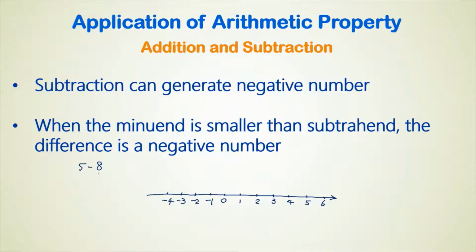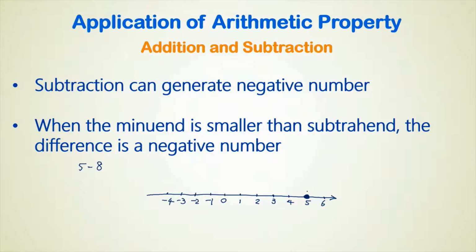So in 5 minus 8 here, we're going to start with 5. From the origin, we do 5 steps to the right. So we start right here. This is our 5. Now, minus 8 means that we are going to travel toward the left because it's minus, and by how many steps? 8 steps.